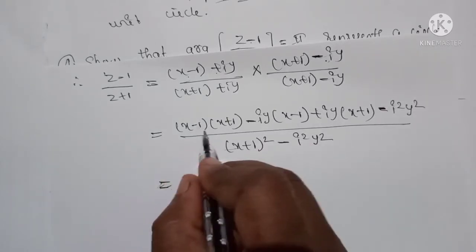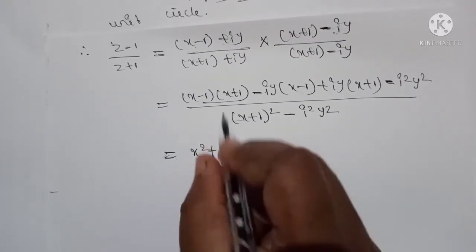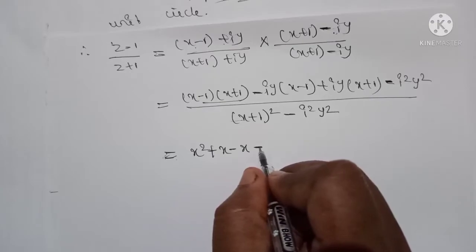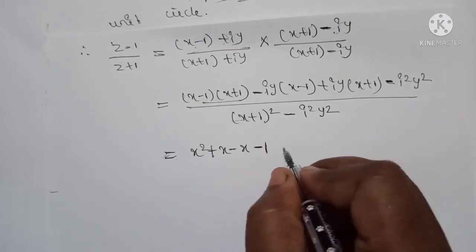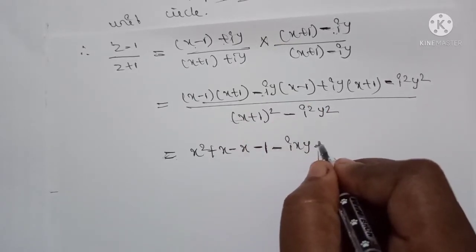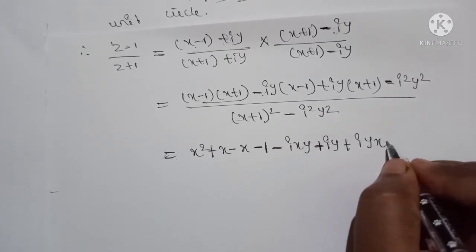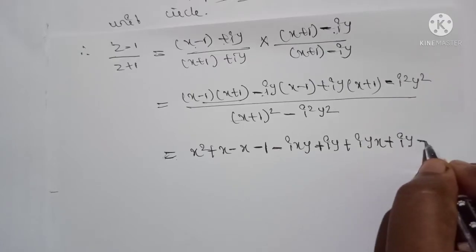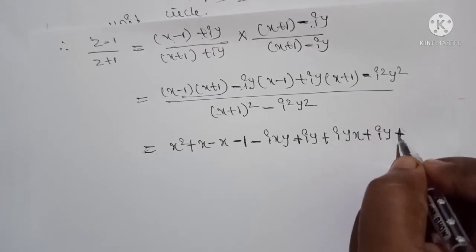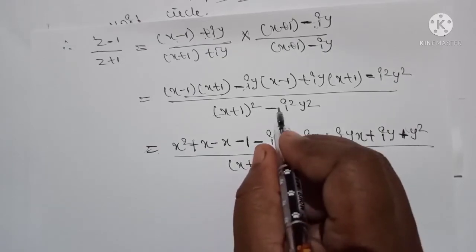So it is equals to, now we simplify this one, x square minus 1, then minus ixy plus iy, plus iy again, minus i square y square. We know that i square is equals to minus 1, so it becomes plus y square, divided by the denominator, which we keep as it is, only we substitute the i square value.